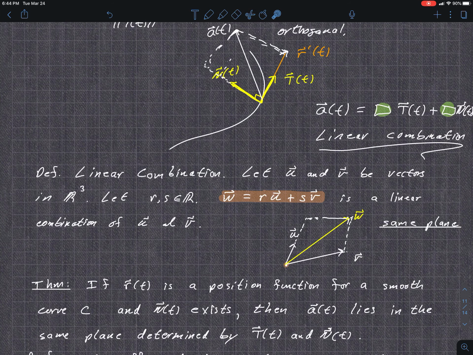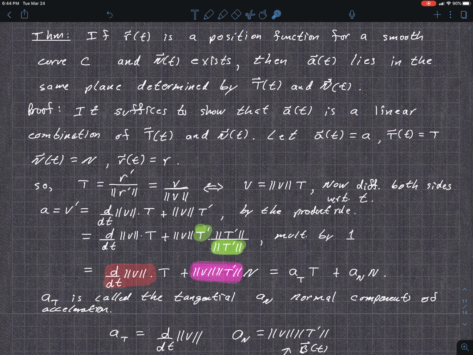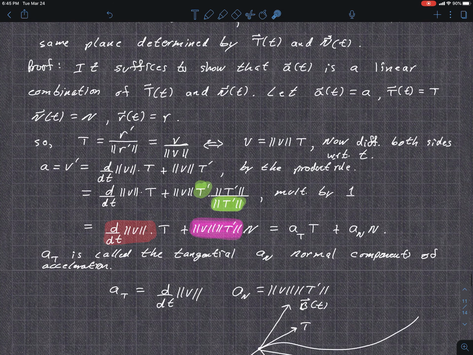Okay, so we defined that and used all that to show that a of t lies in the same plane determined by T and N. So that's this proof. You don't have to know this whole thing, since our format's going to be a little different anyway, but just be familiar with some of the steps taken here.